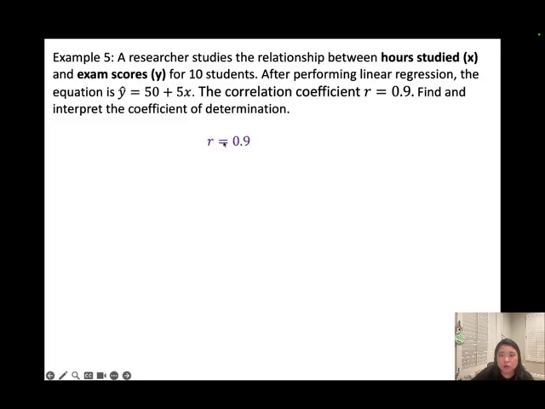So first, R equals 0.9, and then we take the square to find the coefficient of determination.